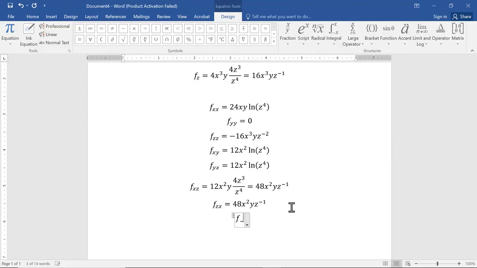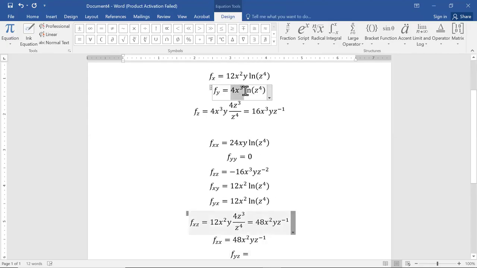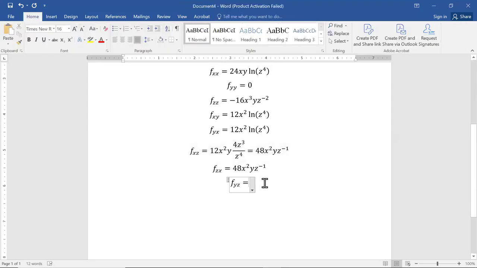Last mixed partial derivative pairs, let's do y then z. We've already taken a derivative with respect to y. Now let's take the derivative of this with respect to z. That's going to be 4x to the third as my coefficient.